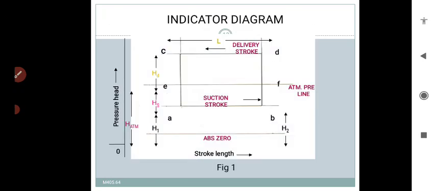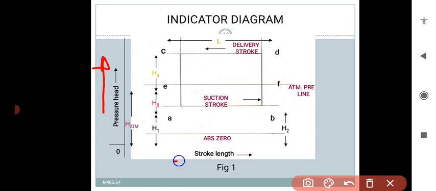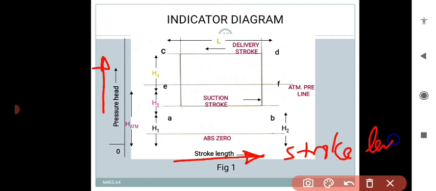And now we will discuss the indicator diagram. Observe this indicator diagram, figure number 1. Here the pressure head is on the y-axis and stroke length on the x-axis.